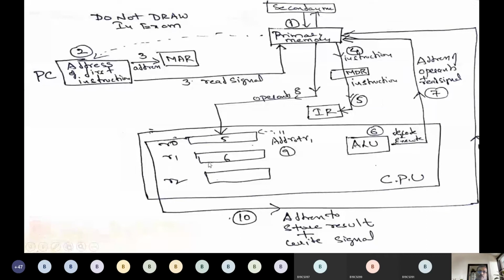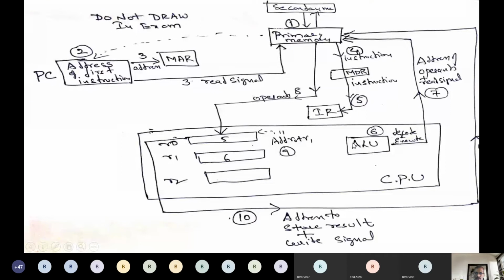So whatever operands are sent by primary memory in response to this read signal are stored in R0 and R1. A value is 5 and maybe B value is 6. They are copied into these registers. Now the ALU can fetch these two values, 5 and 6, and add them as per the instruction, which is 11.